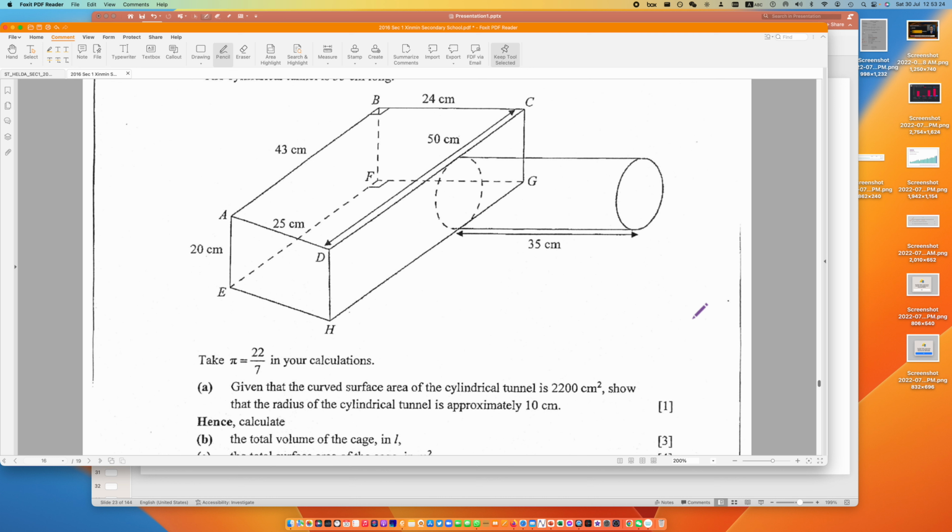What's the name? Which one did I ask you to look at now? That one. Yes. So what's the name of this figure? You have rectangle, you have cuboid. You have a square, you have a cube.